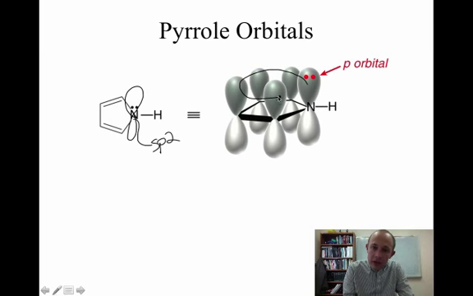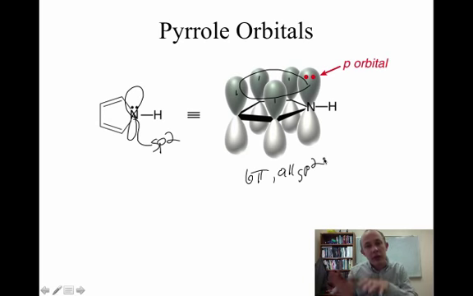Now these can all overlap because there's 1 electron in each of these p orbitals, so we have 6 pi electrons. We're all sp2. When we would normally expect it to be sp3, it gets an added measure of stability by rehybridizing itself to become sp2, so it can be aromatic.